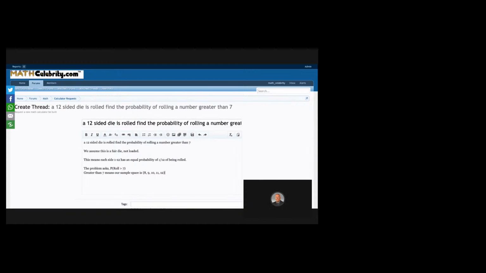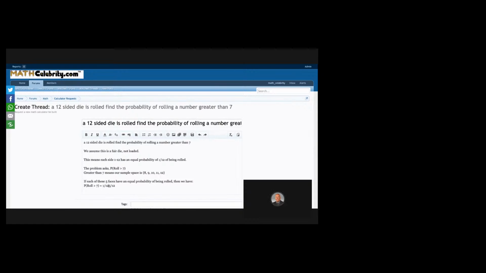If each of these 5 faces have an equal probability of being rolled, then we have probability of roll greater than 7 equals 5/12. Because each number, as we said here, is 1/12. We've got 5 of them, so you can roll an 8, 9, 10, 11, or 12.